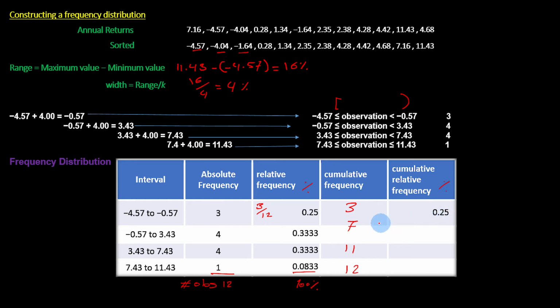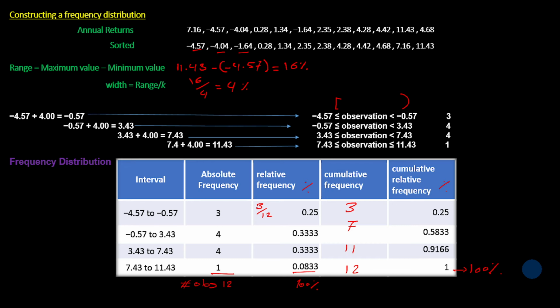That will be 25%. This one would be 58.33% of it, and then 91.66 and 1, which again expressed in the percentage form, that will be 100% of all the observations, right?